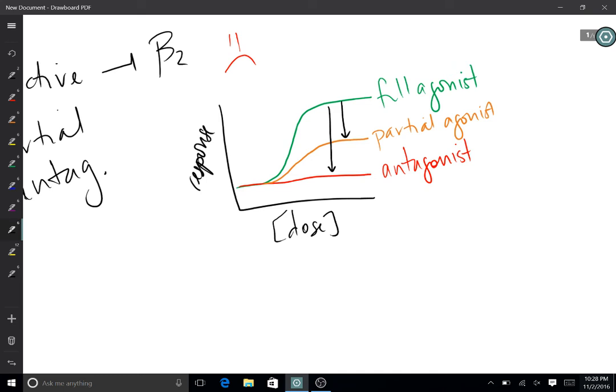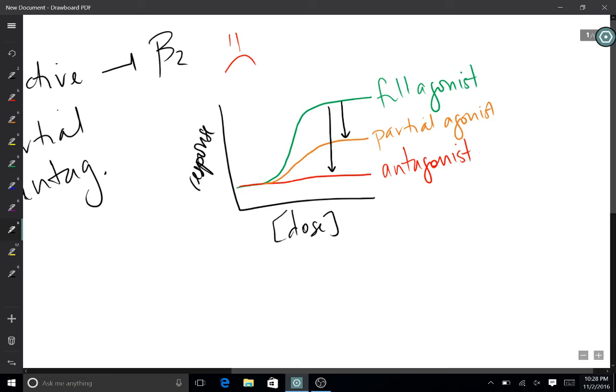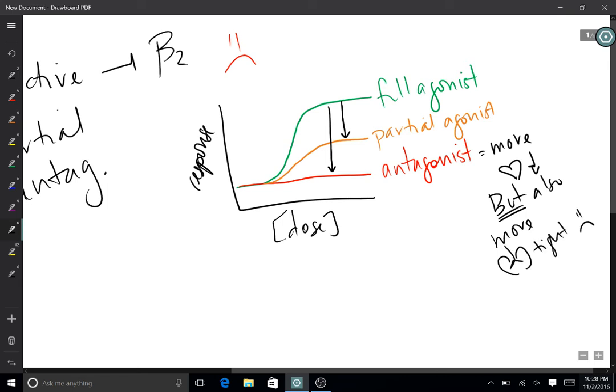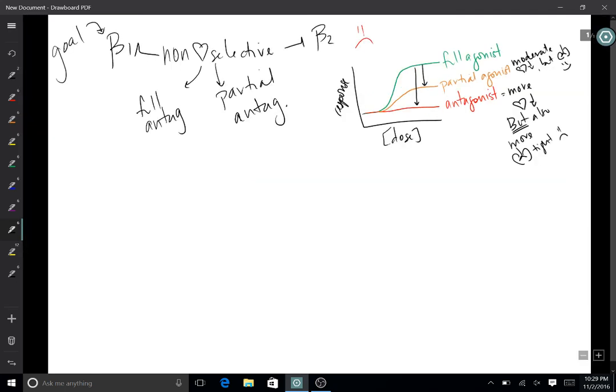With a full antagonist, you will have more heart decrease, but also more bronchoconstriction. With a partial agonist, you'll have only moderate cardiac decrease, but your lungs will be happier. That's your payoff, okay?